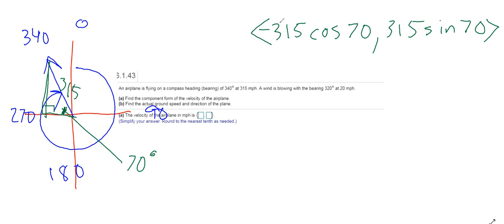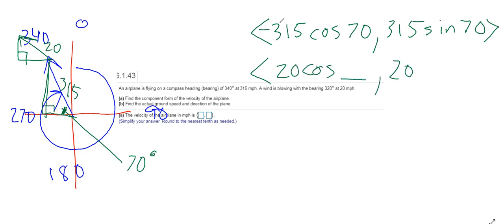The wind is blowing with a bearing of 320. Okay, so it's going at 320, so something like this. I think I'm exaggerating that a little bit. It's got an x and a y component, but it's got a magnitude of 20. So that would be something about 20 cosine something and 20 sine something. Are either one of those negative?